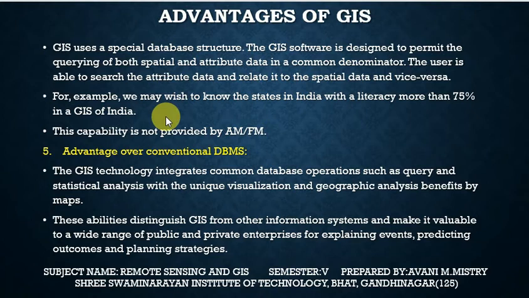For example, we may wish to know the states in India with a literacy of more than 75% in a GIS of India. This capability is not provided by EM/FM.